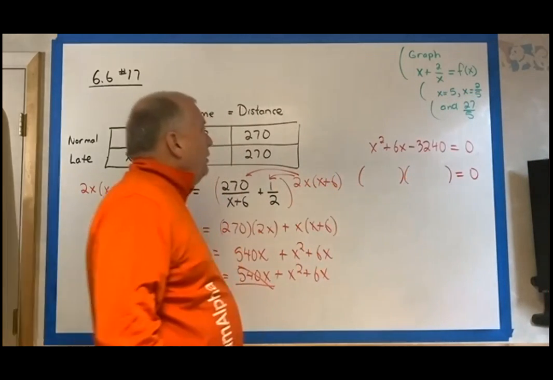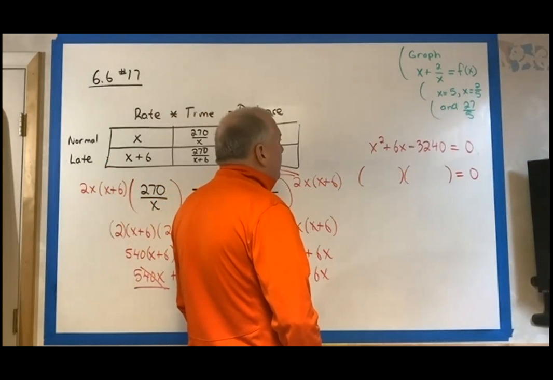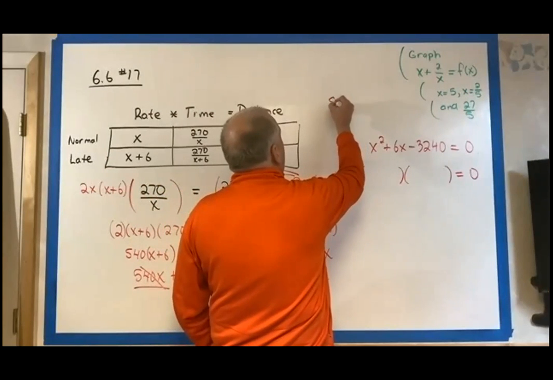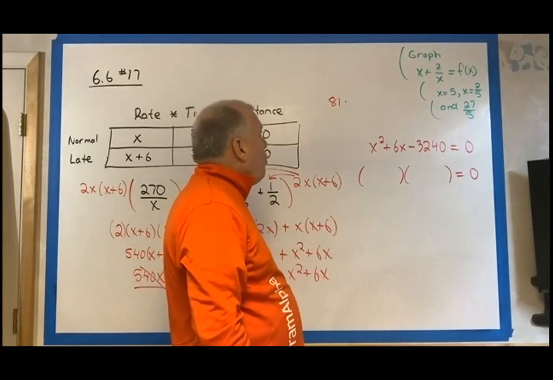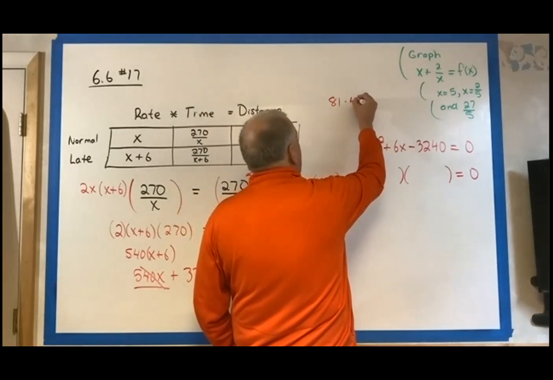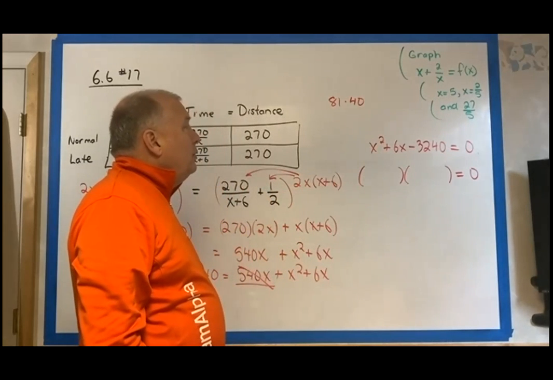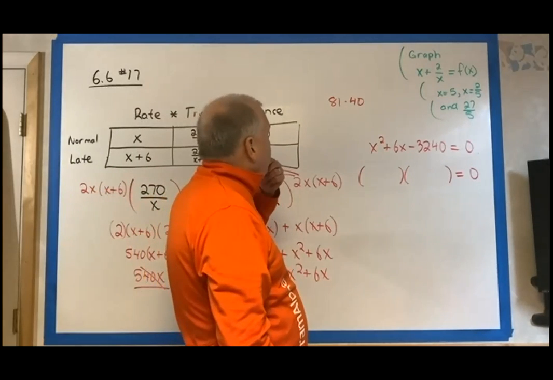Now, you guys work that out if you want. I could do 81 times what? 40? Would that be 3,240? Yes, but it doesn't differ by 6, so that's not going to work.